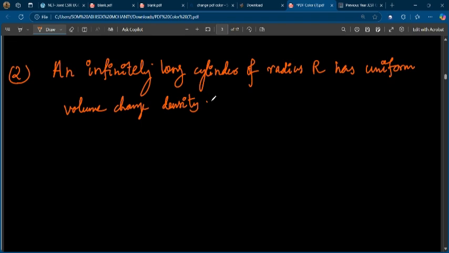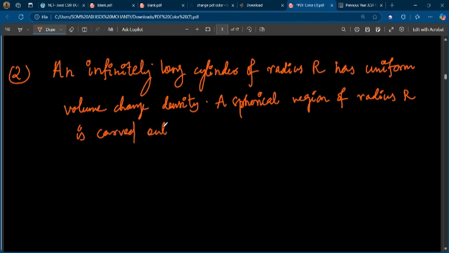A spherical region of radius R is carved out of it.